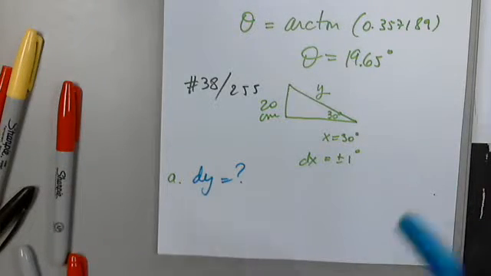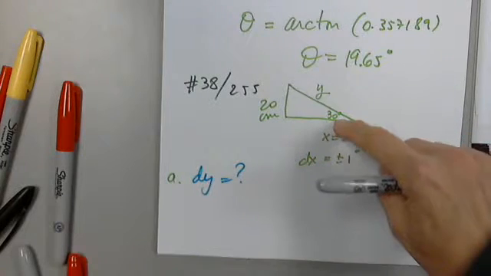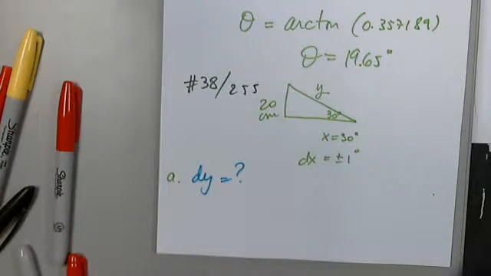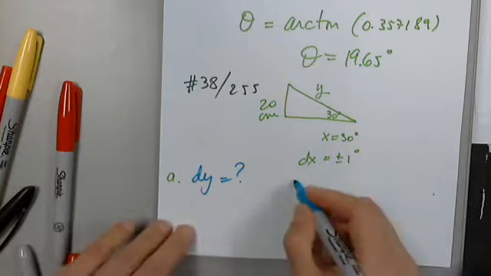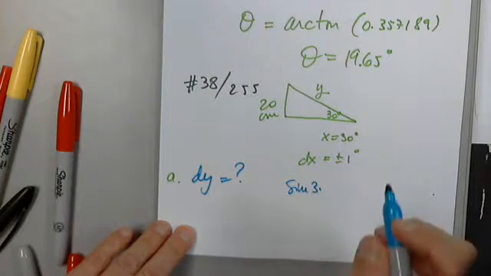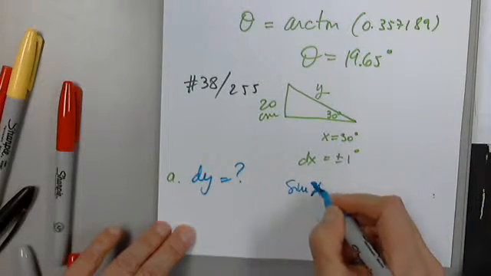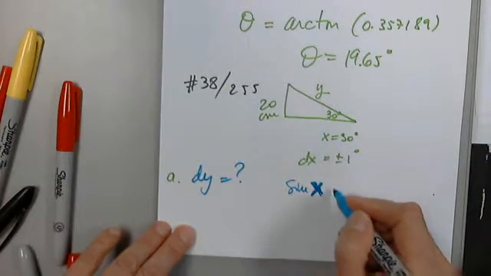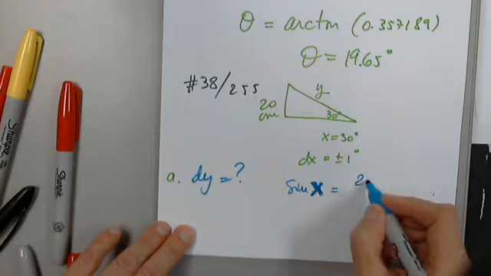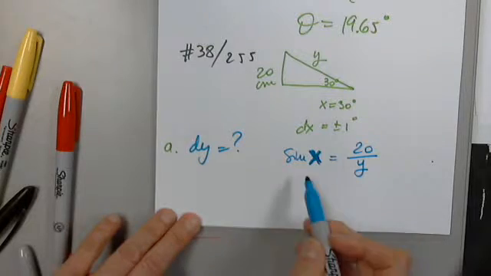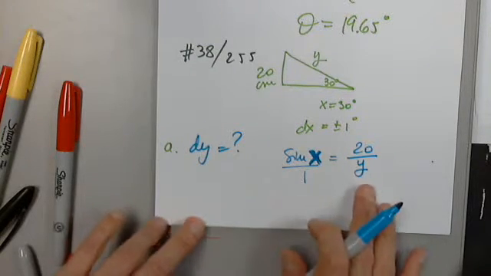So what trigonometric function will use 30 and 20 and y? Very good. So I have to write sine 30. I'm sorry, I have to write x, because that's what x is. Sine x equals 20 divided by y. I have to cross multiply and solve for y.